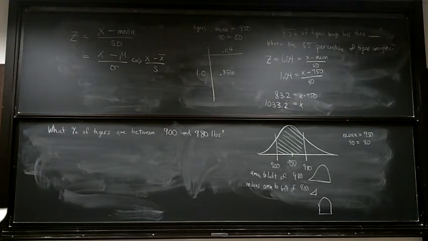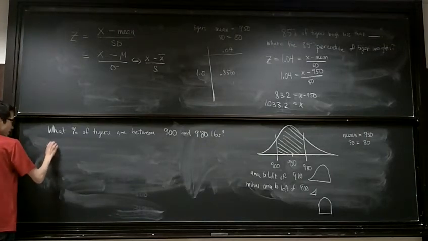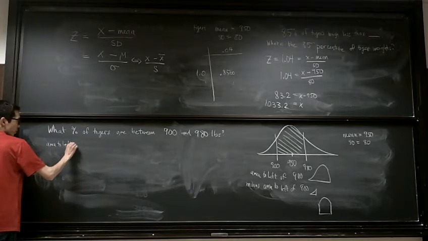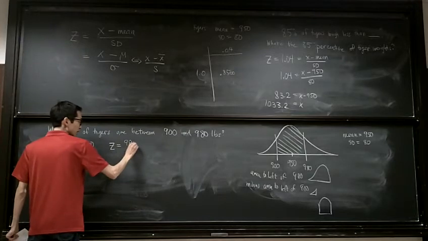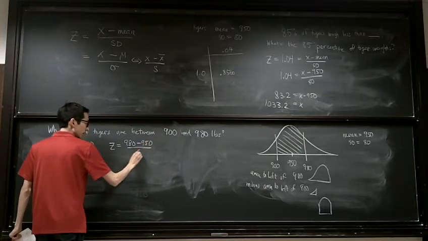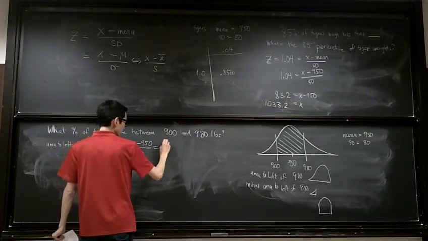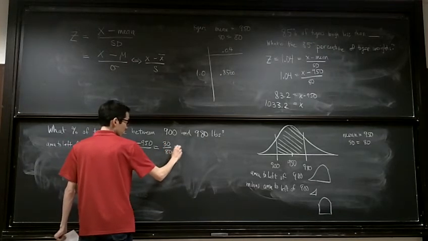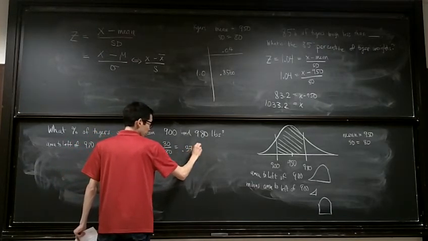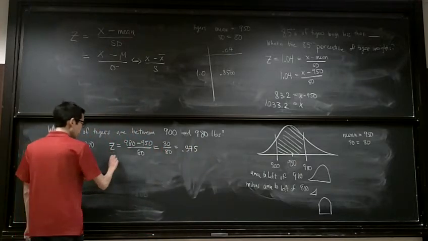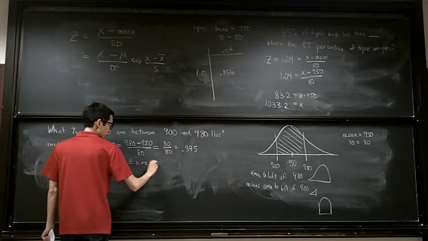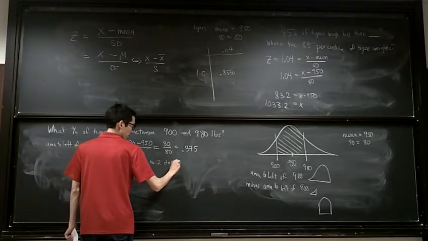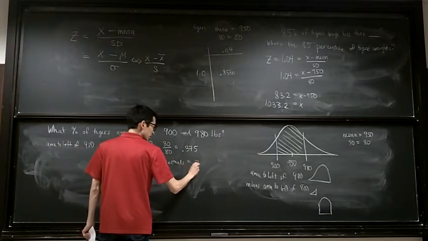For the interest of time, I'm going to do this very quickly. Let's find the area to the left of 980. The first thing we do is z equals 980 minus 950 divided by the standard deviation of 80. I get 30 over 80, which is 0.375. Round the z-score to 2 decimals, so we get 0.38.